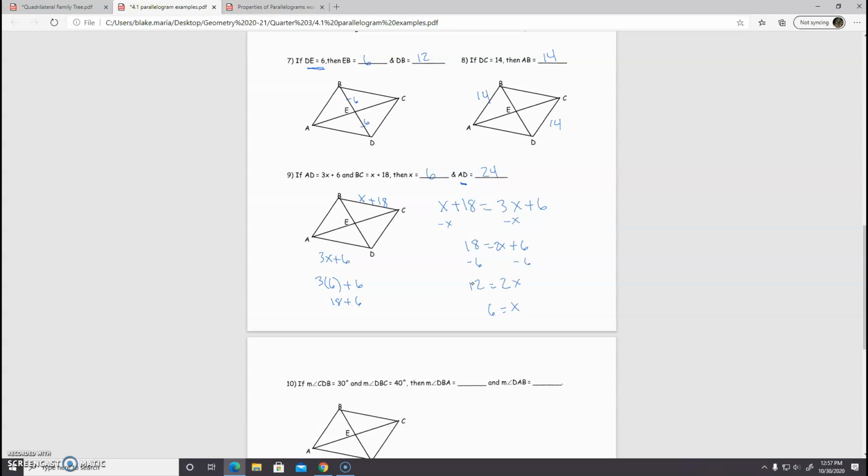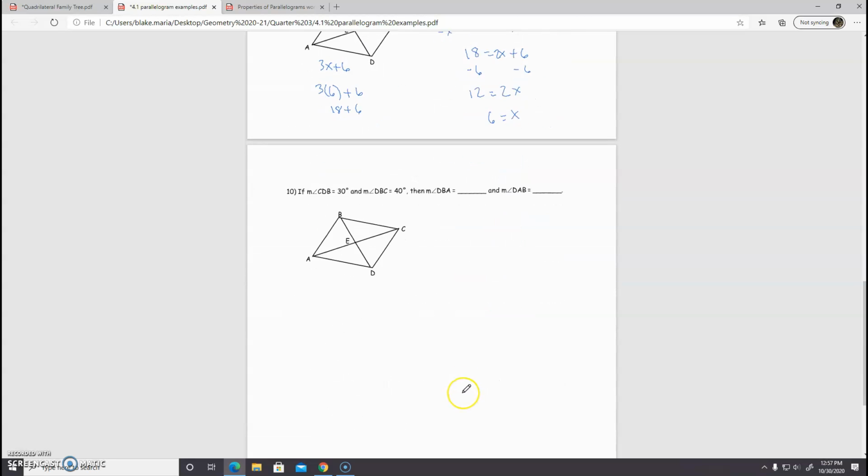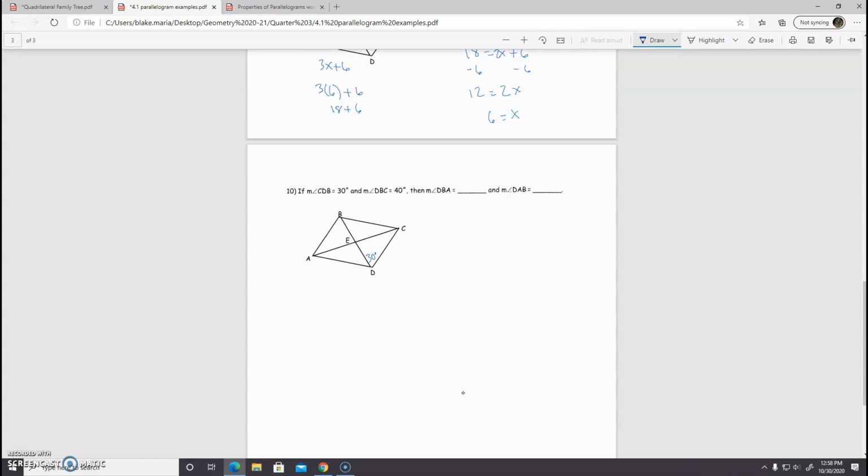So I feel like we're getting the hang of it, hopefully by now, using all those different pieces. Let's do the last one here. CDB is 30 and DBC is 40. Oh, my handwriting's awful in here. And we want to know DBA and DAB. All right, so let's try it out.